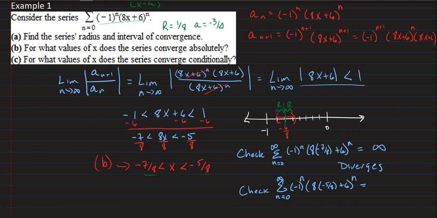So this series will oscillate between negative 1 and 1, if I were expanding out these terms, and that also diverges. So we don't have any points where the series converges conditionally. If either one of these series had converged, that would have been where the series converged conditionally. But because both of these endpoints diverge, we don't have to worry about that. Our series converges absolutely on this interval, and that is all. It doesn't converge conditionally anywhere.